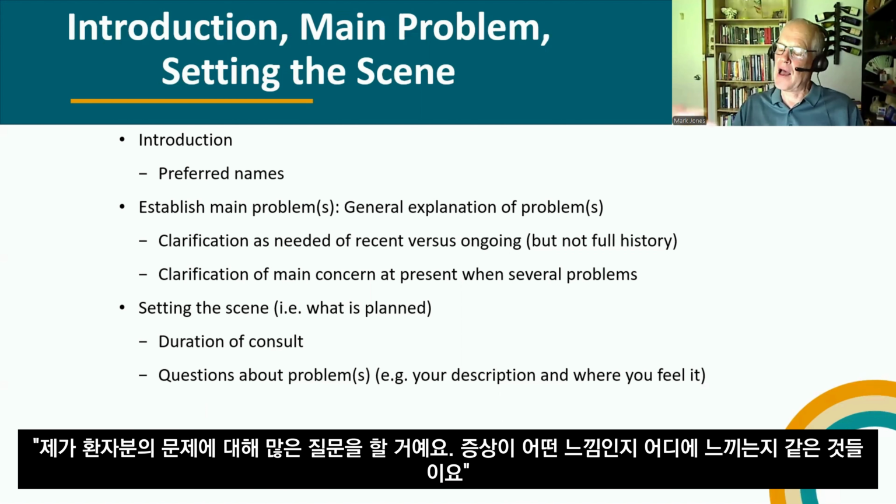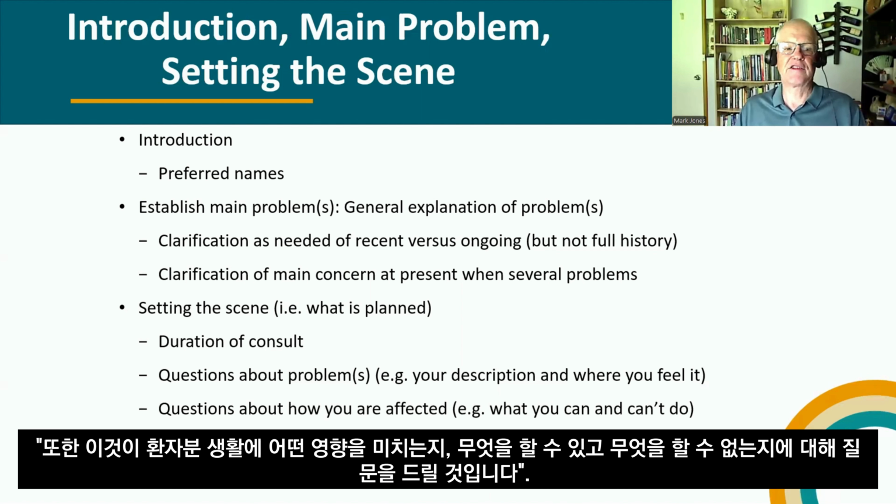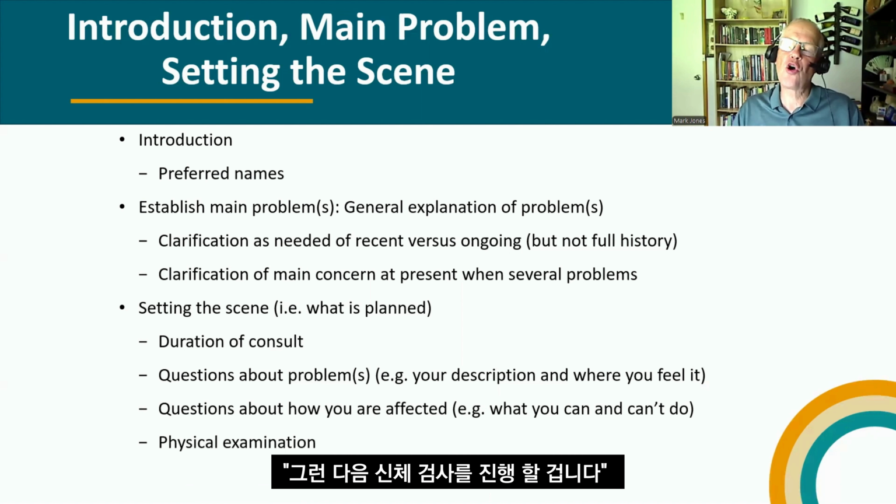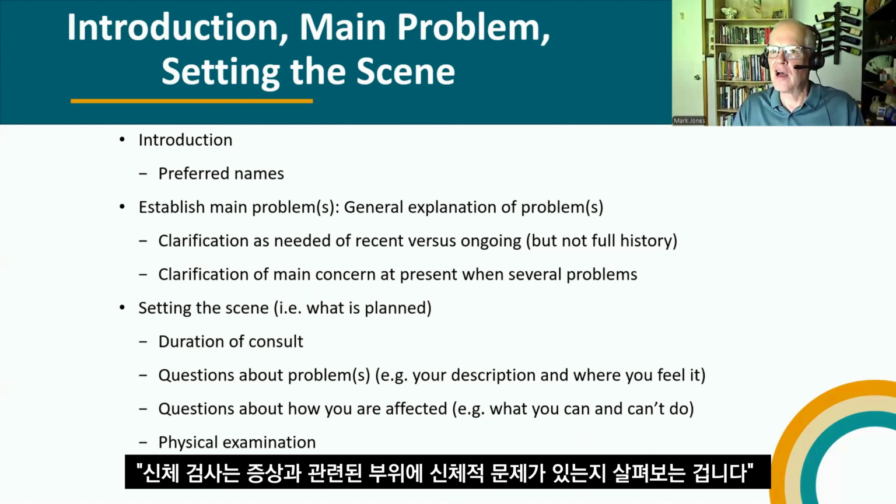I'll be asking you lots of questions about your problem. For example, your description of it and where you feel it. I'll also be asking you lots of questions about how it's affecting you. That is, what you can do and what you can't do. And then we'll go into what we call the physical examination, where I'll be specifically testing different body areas associated with your problem to understand if there's any physical impairments or problems associated with the problem.